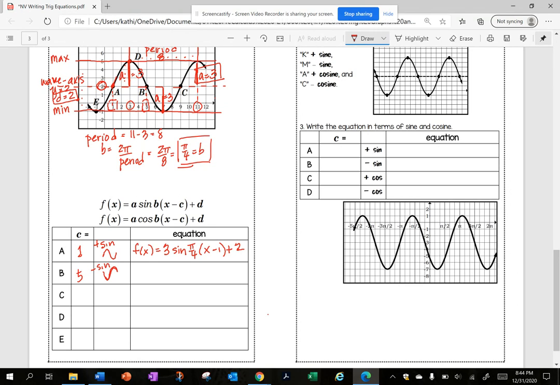So I'm going to write an equation representing point B as 5. So since I'm flipped, this is now going to be a negative 3 sine of pi over 4, and this time C is 5. So x minus 5, plus 2.